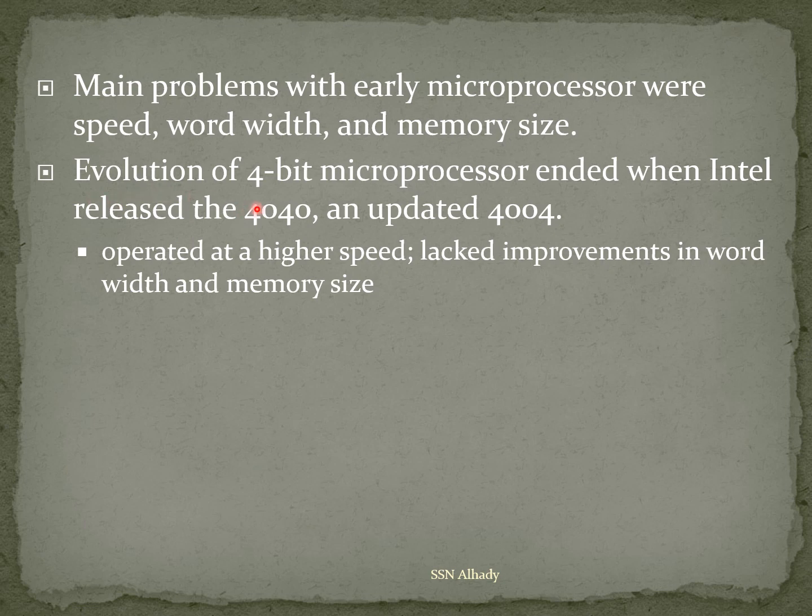Okay, the evolution of the 4-bit microprocessor ended when Intel released the 4040, which is an updated 4004. The advancement is the higher speed, with a lack of improvement in the word width and memory size. Only the speed was improved, the word width is still 4 bit.